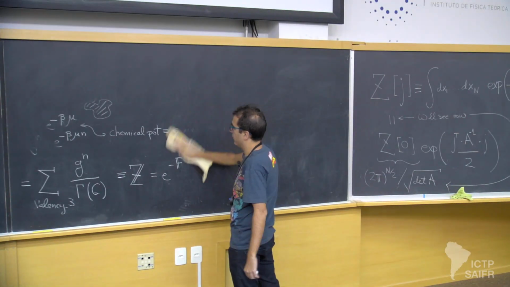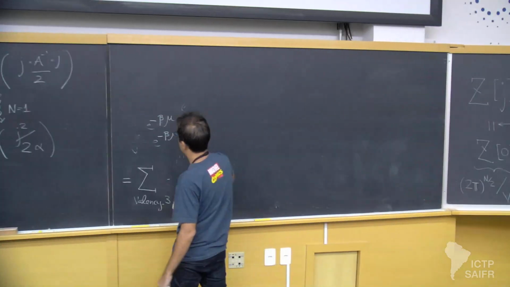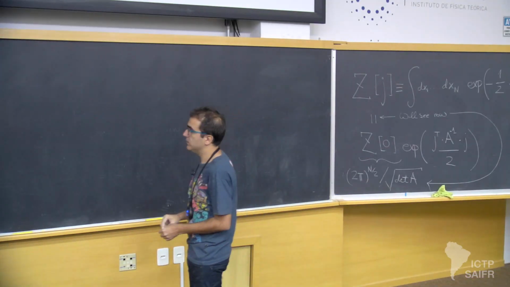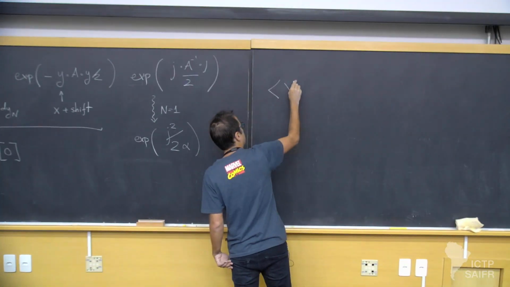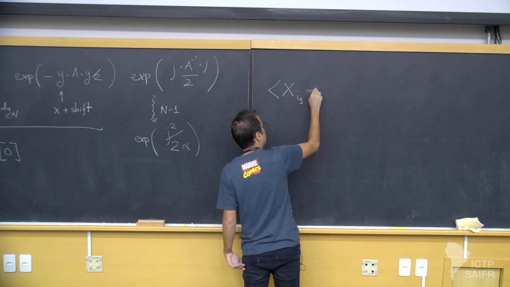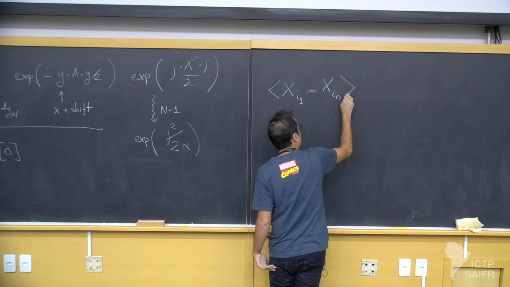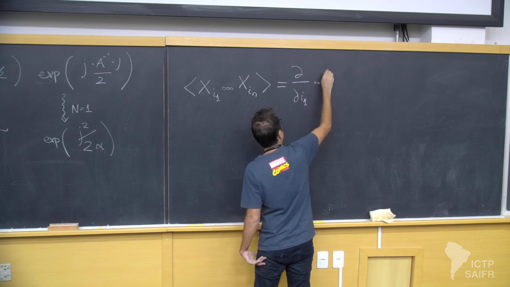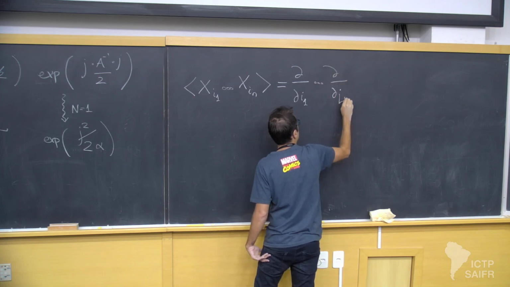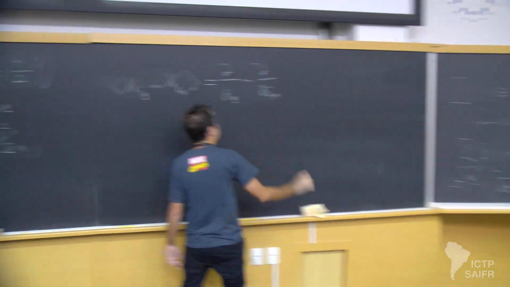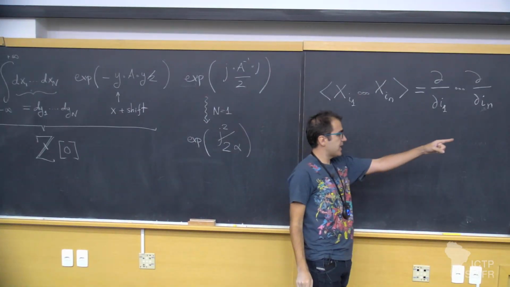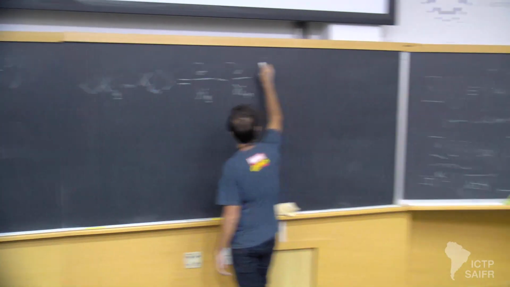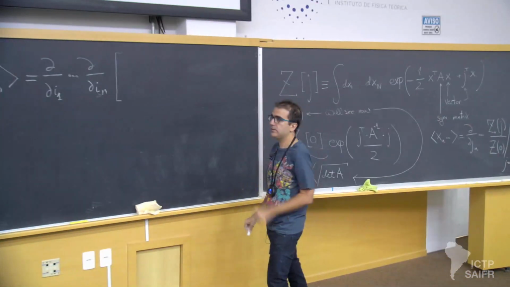Now that we know that z of j over z of 0 is just this simple exponential, it means that any expectation value in this multidimensional Gaussian integral, the expectation value of x i1 ... x in, is just the derivative with respect to j i1 ... derivative with respect to j in of z of j over z of 0. What is z of j over z of 0? It's this exponential there. I plug this exponential there.